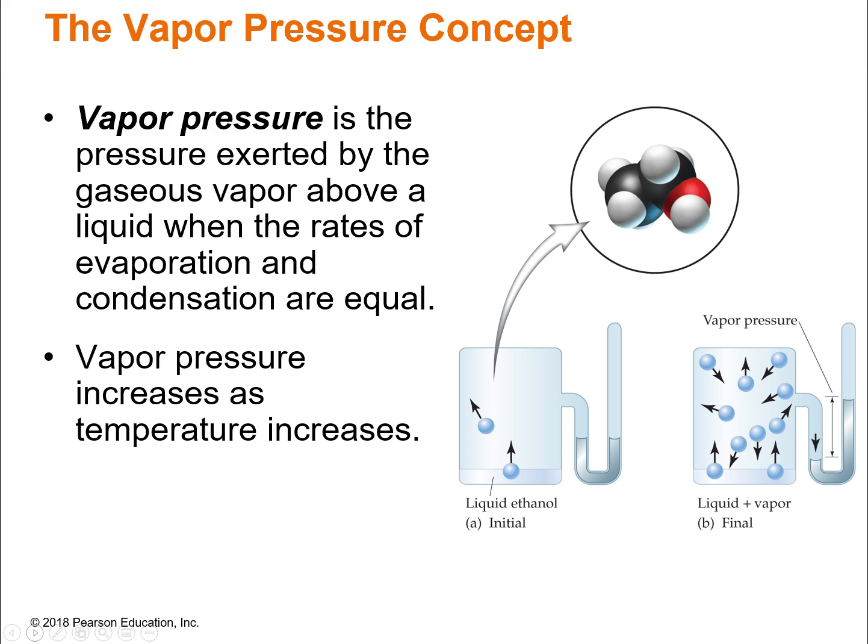So we talked about atmospheric pressure. Now we can talk about vapor pressure. Every liquid, if you put it in a closed container, over time is going to build up vapor. That vapor will exert pressure on the closed vessel.